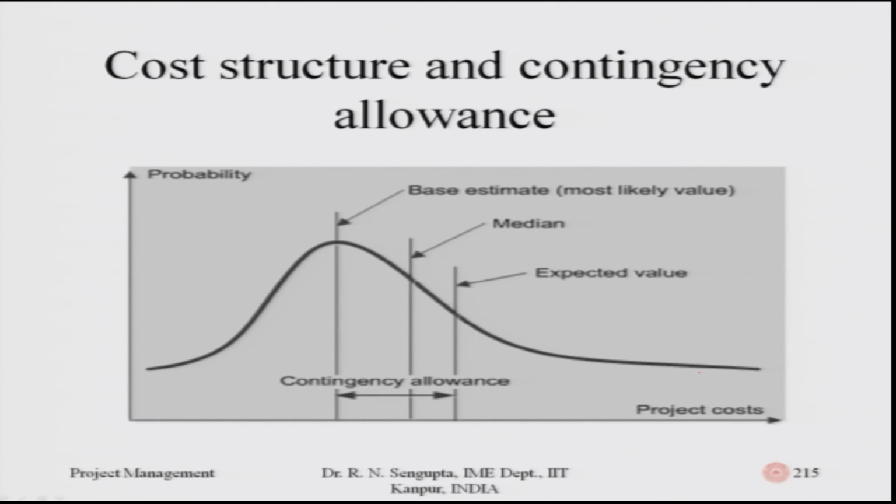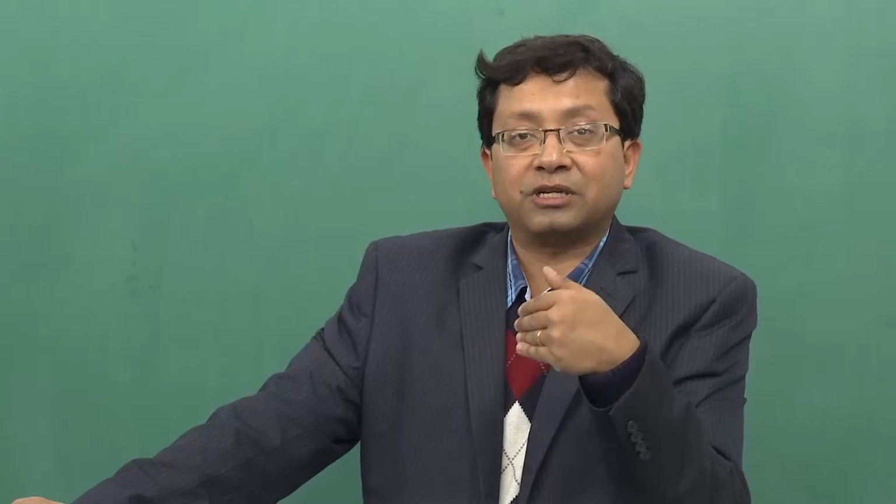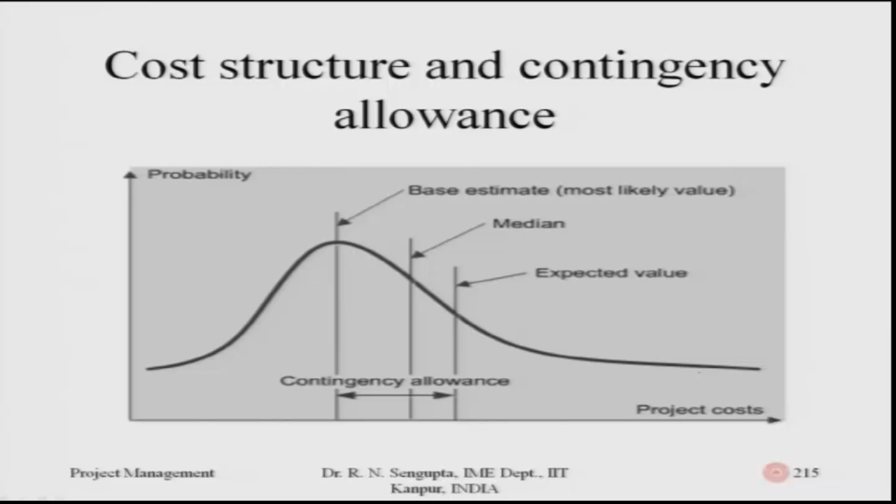The median is given because the median is the value below and above which the probability is divided into 50-50%. For the normal distribution, just I am mentioning, the mean, median, mode are the same values, but for other distributions they may not be the same. So, in this case you have the mean value, median value, and the contingency allowances are given. The base estimate is the estimate based on which you are going to work, and the median and the mean values are to the right.